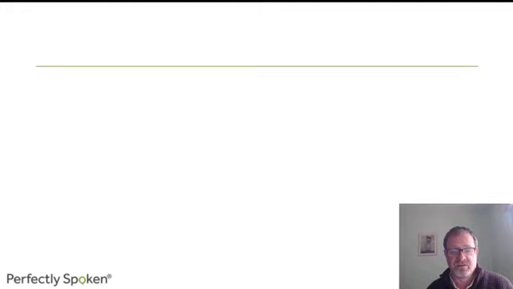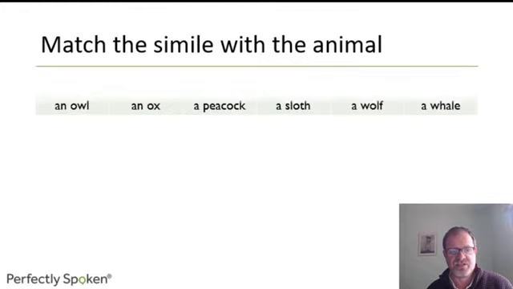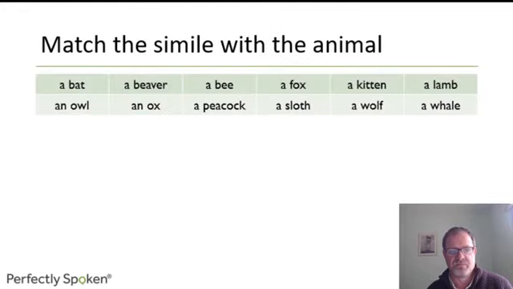And these are very common ones. Okay, so match the simile with the animal. So you've got a bat, a beaver, a bee, a fox, a kitten, which is a baby cat, a lamb, a baby sheep, an owl, an ox, a peacock, a sloth, a wolf, and a whale.